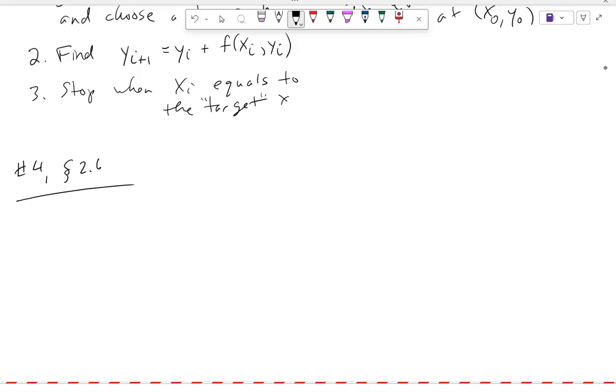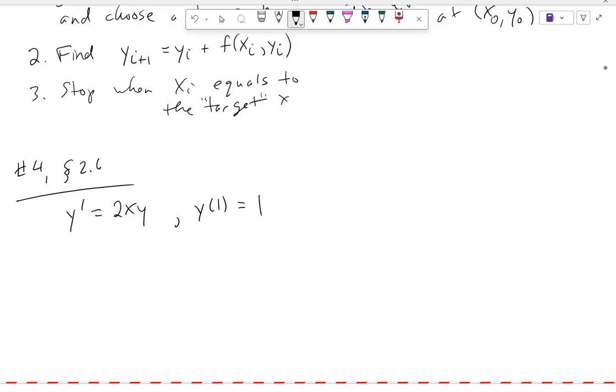We've got the equation y prime equals 2xy, and the initial condition is y of 1 equals 1. We're going to use Euler's method here to do some approximations.